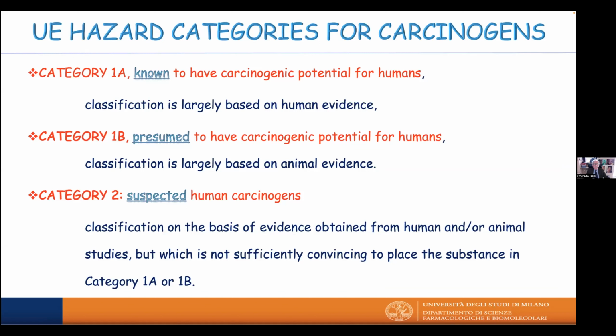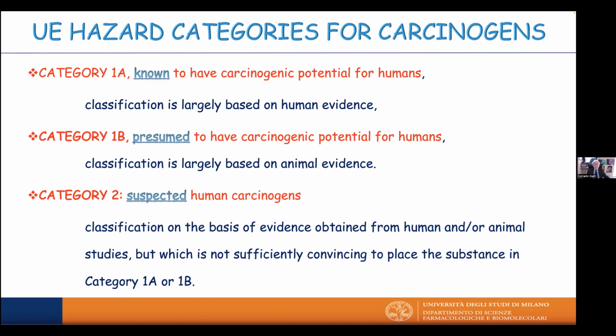Now, the same is true for carcinogens. In Europe we have 3 categories, because category 1 is split into 1A and 1B. Category 1 is known, 1B is presumed, and category 2 is suspected.